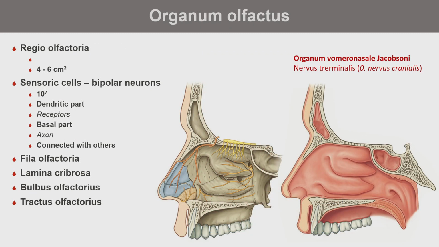So now we turn to the real olfactory organ. Organum olfactus is in reality in the upper part of the nasal cavity. The upper part of the nasal cavity, the cranial third, is called regio olfactoria, the olfactory region. It takes about 4 to 6 square centimeters, so it is a quite small surface.